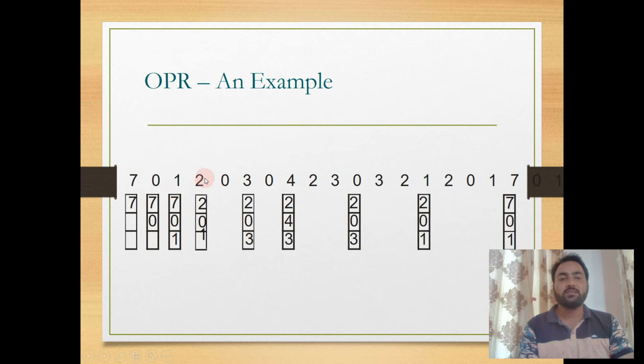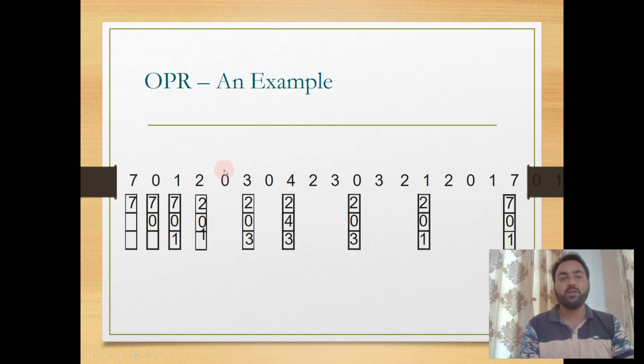Now next comes page 2. Then we will have to replace a page in the frame set. First we check if it already exists, and the page is not already in the frame set. So we will check which of 7, 0 and 1 will not be used for the longest time in the future.